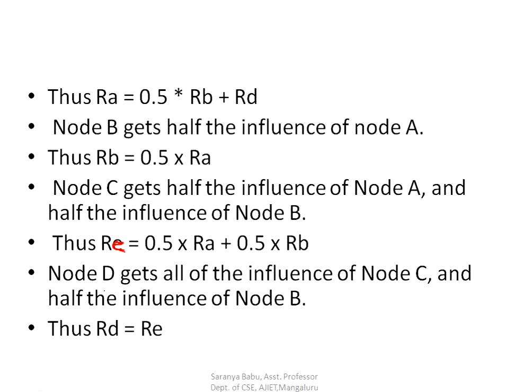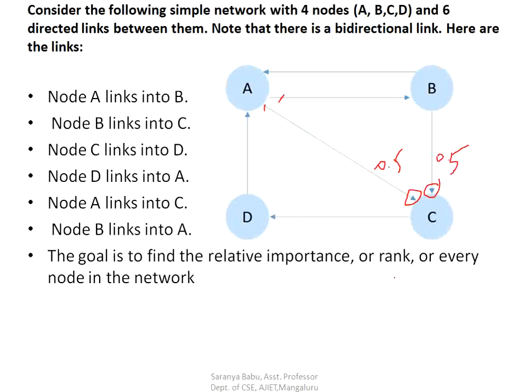Clear? Now next, RD. Node D gets all the influence of node C. When you check node D, it has only one incoming link, that is from C. Does C have any outgoing link?